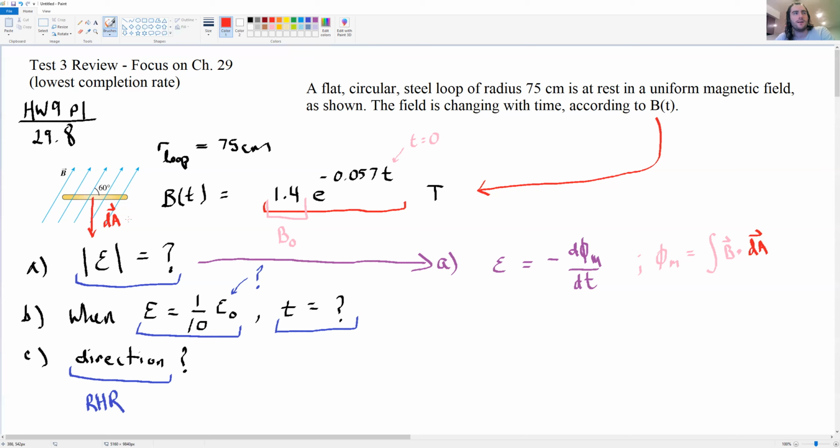Anybody have any input on that? Feel free to give your thoughts in the chat. So David has given the answer B negative question mark. What are your guys' thoughts? So why not choose dA to be pointing downward?